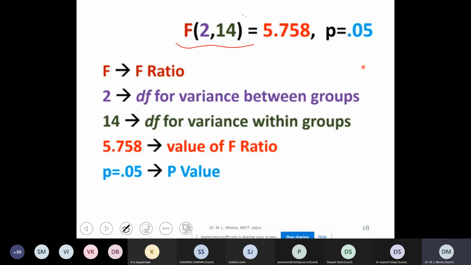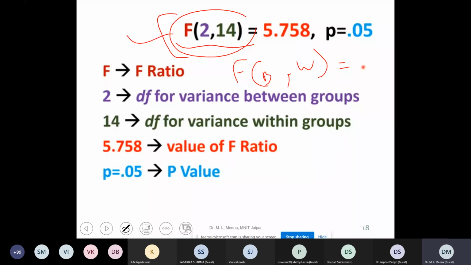First of all, find the two degrees of freedom: degree of freedom between groups and degree of freedom within groups. Then find the value from the table. For example, if the degree of freedom between groups is 2 and within groups is 14, the tabulated value is 5.78 at the 5% level.